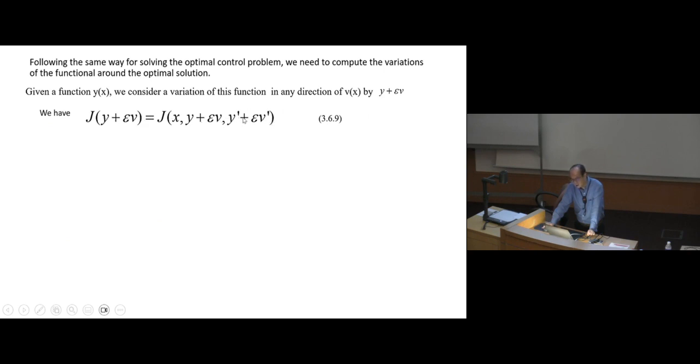The derivative y dot changes to y dot plus epsilon v dot. The integrand then becomes, x of course does not change, since x is the variable of the function y. So y changes to y plus epsilon v, and y dot changes to y dot plus epsilon v dot. Any questions?